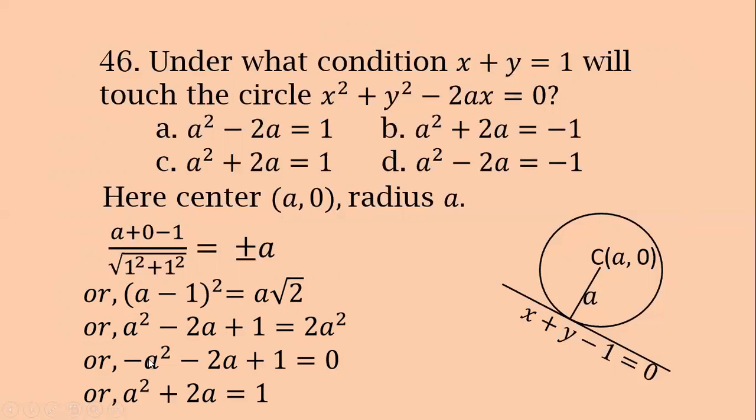Hereby we get the relation. So it should be a square. Now this is the relation, because we are asked under what condition, out of these 4 options. So I think C is the correct option here.